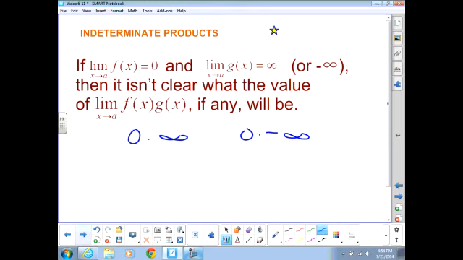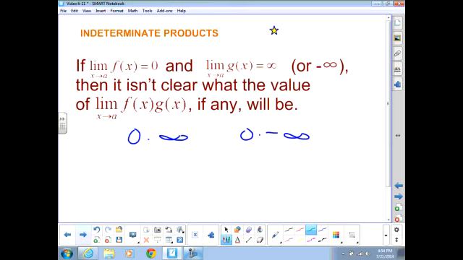If you're going to 0 more quickly, then the whole thing will go towards 0, because 0 times anything is 0. But if you're going towards infinity much faster than you're going towards 0, then the infinity will control things, and you'll go towards either positive or negative infinity, whichever it is. Because it's ambiguous, this is another indeterminate form.